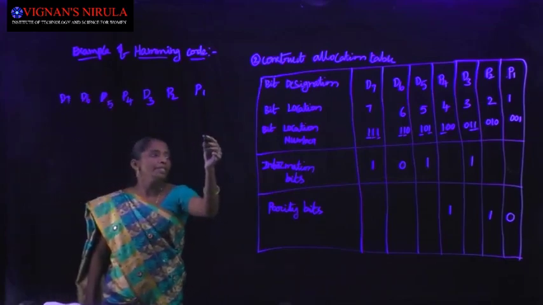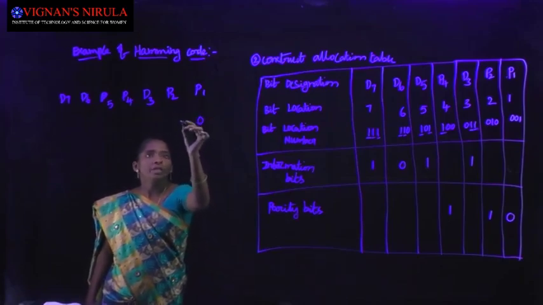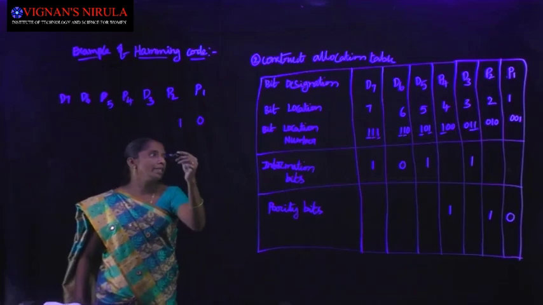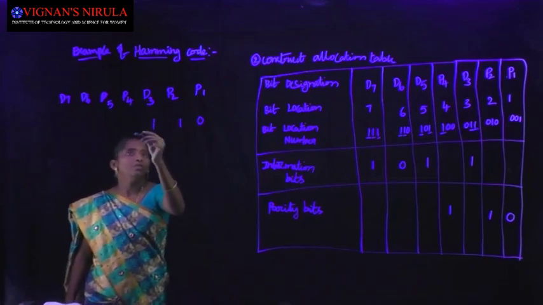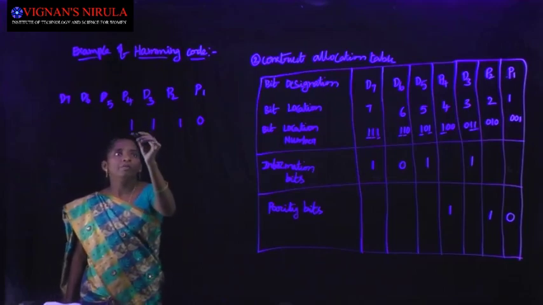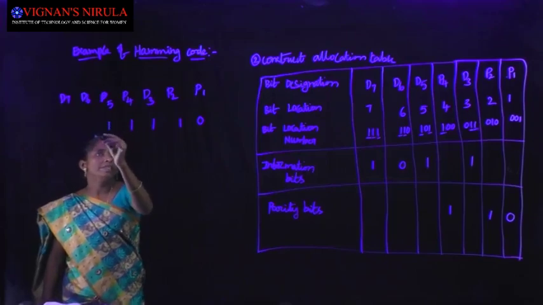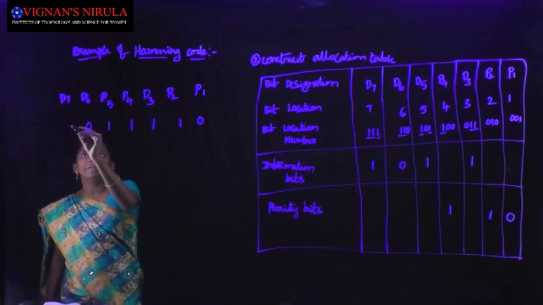P1 is 0, P2 is 1, D3 is 1, P4 is 1, D5 is 1, D6 is 0, and D7 is 1.